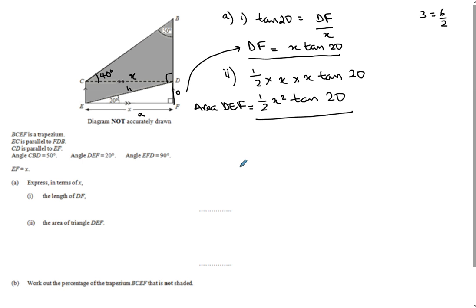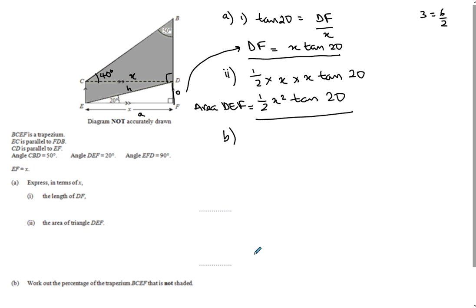All right. Okay, part B, the percentage of the trapezium that's not shaded. So we want to find the area of that divided by the area of the whole trapezium times 100. Again, let's prepare.